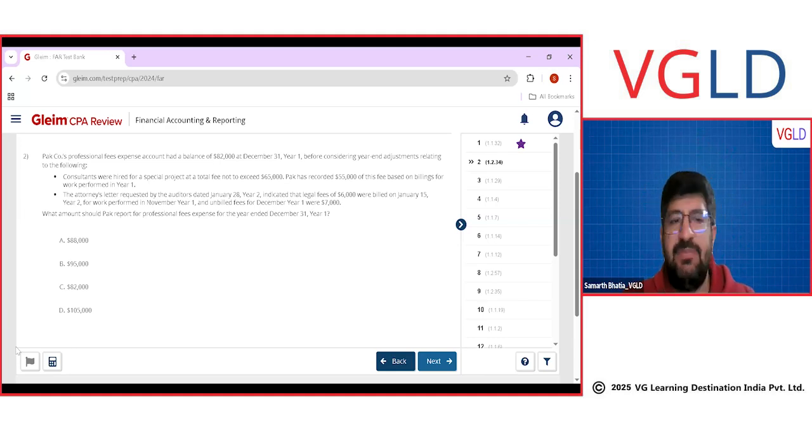An attorney's letter requested by the auditors, dated January 28, year 2, indicated that legal fees of 6,000 were billed on January 15, year 2, for the work performed in November, year 1. Unbilled fees for December, year 1 were $7,000. So what amount of professional fees expense for the year ended December 31st, year 1 should be reported?